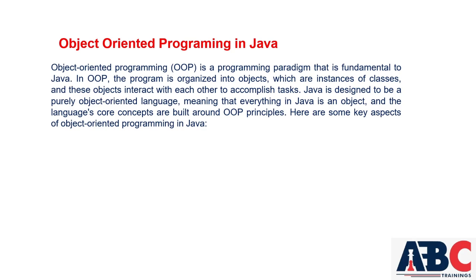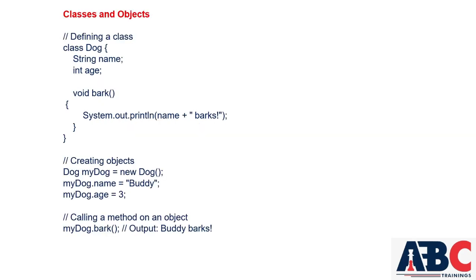Here are some key aspects of object oriented programming in Java. First, classes and objects. Here there is a class Dog, with String name and int age, where String and int are data types, and name and age are variables.